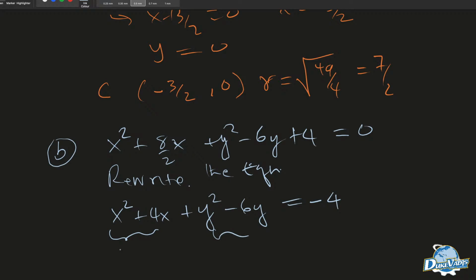So when we do that, we say that this one, we are dividing this one by 2. So this one will be x plus 2 squared. Okay, then we say minus 4 over 2 squared. Okay, here it will be y minus 3 squared.